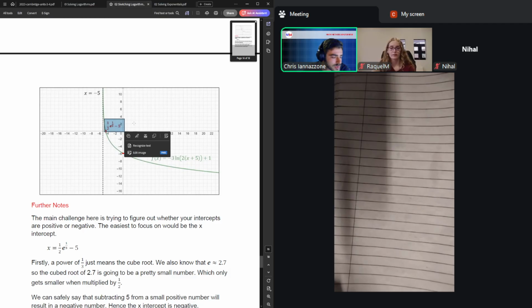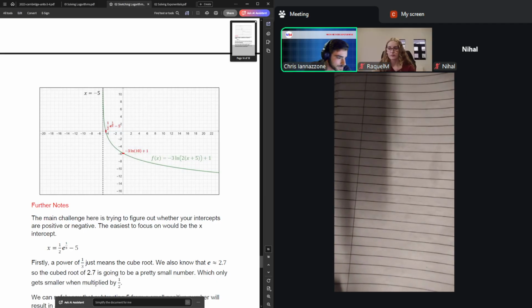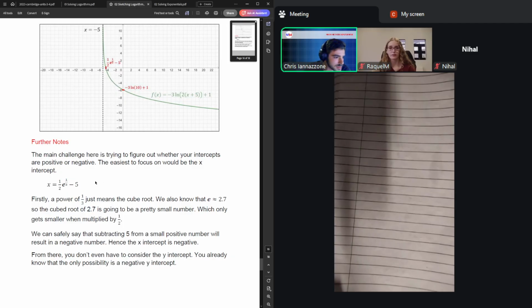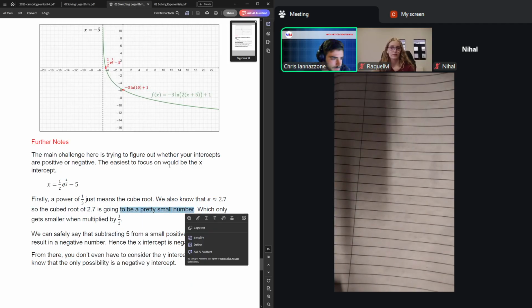Exponentials or things with indexes are a decent amount easier to analyze. So what you essentially want to do is focus your attention on the thing that you can analyze a bit easier. So knowing that e is roughly 2.7 is kind of helpful here. Because if you know it's roughly 2.7 and it's raised to the power of a third, that just means you're finding the cube root of 2.7. We don't know exactly what that is, but it's pretty small.